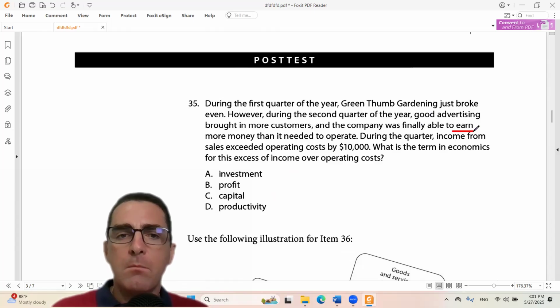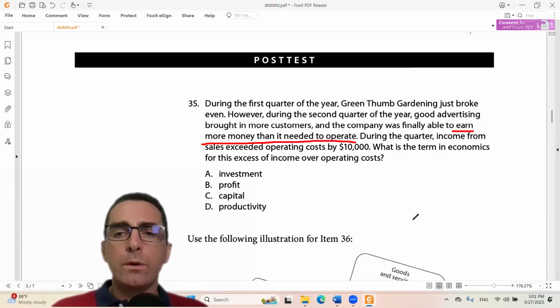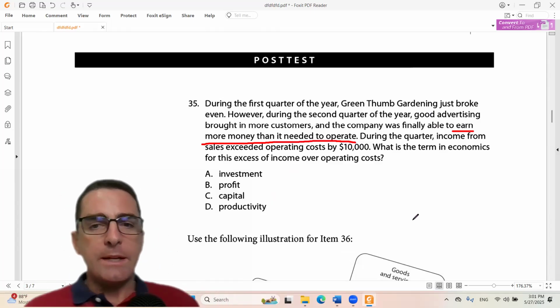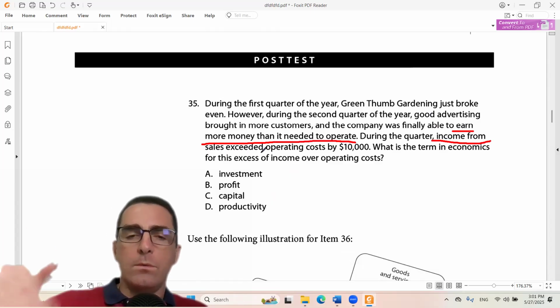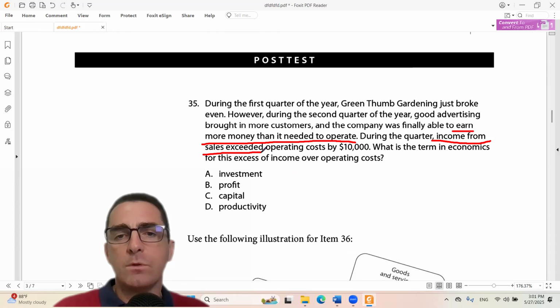During the quarter, income from sales exceeded, or was more than, operating costs by 10,000. What is the term in economics for this excess of income over operating costs?